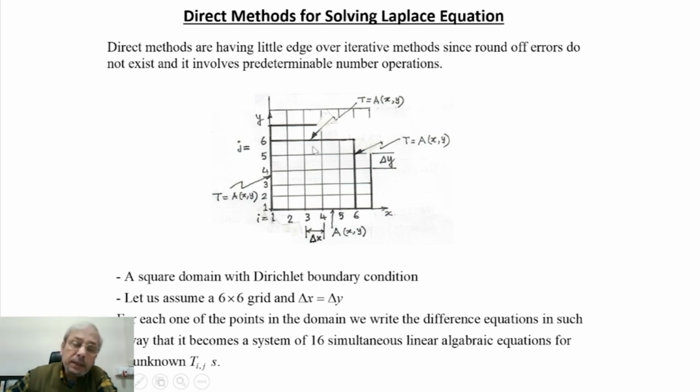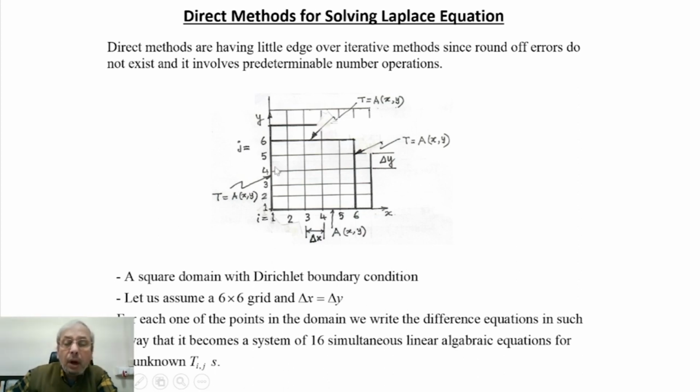This is a square domain, and on the domain boundary we have Dirichlet conditions, and the domain is divided in such a way that delta x equal to delta y.